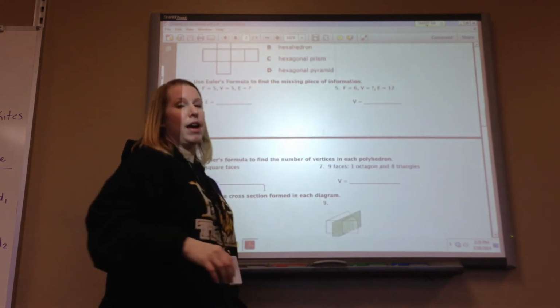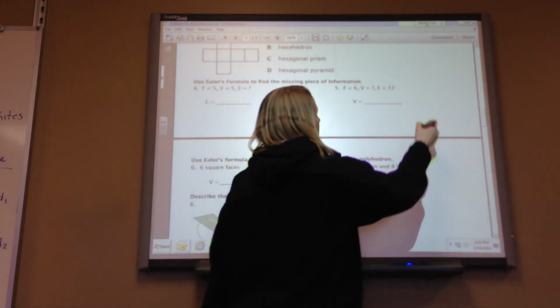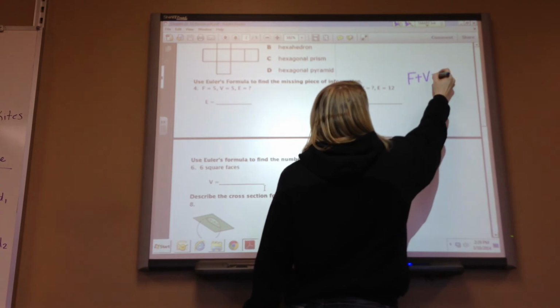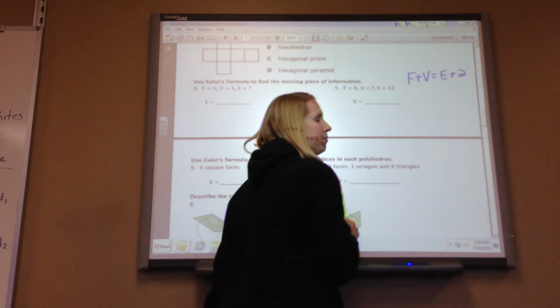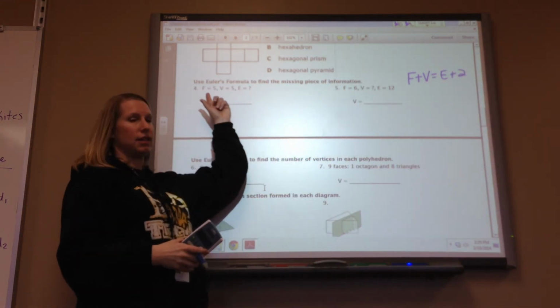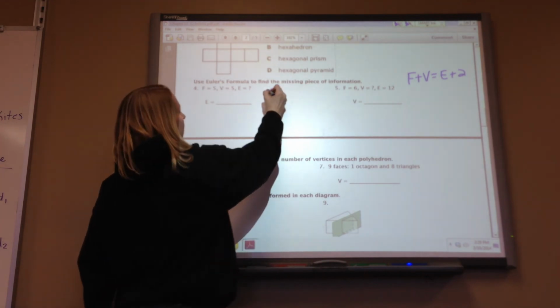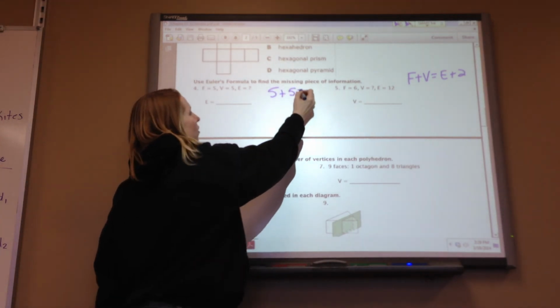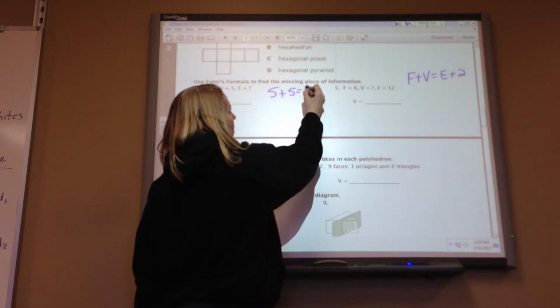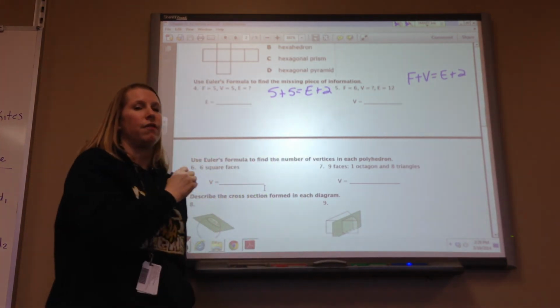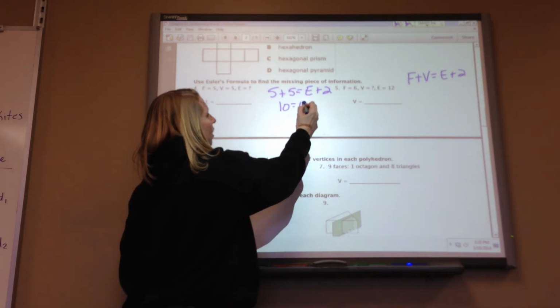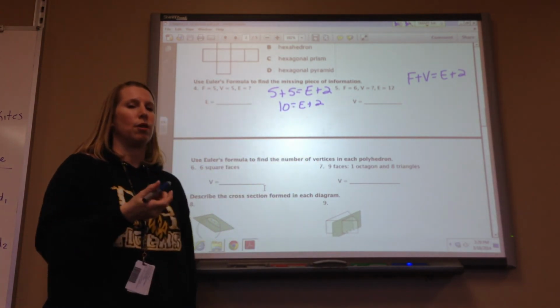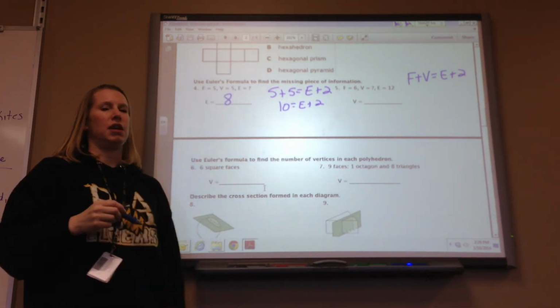Okay, now we have Euler's formula, which is faces plus vertices equal edges plus 2. So I'm given the faces are 5, so 5 plus the vertices are 5 equal edges, I don't know the edges, plus 2. Well, 5 plus 5 is 10, equal edges plus 2, minus 2 on both sides, edges would be 8.